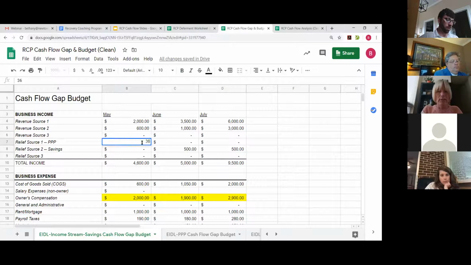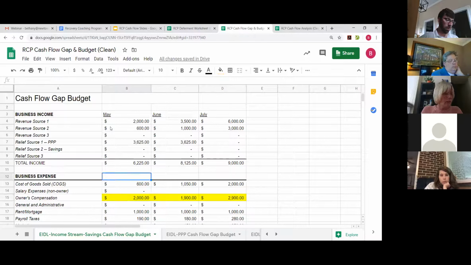So I split their income from the PPP between 2 months, which is very realistic because if you know anything about the program, once the monies get dispersed, you have to use it within 8 weeks. So you need to show that you're going to use that loan award within 2 months of disbursement.